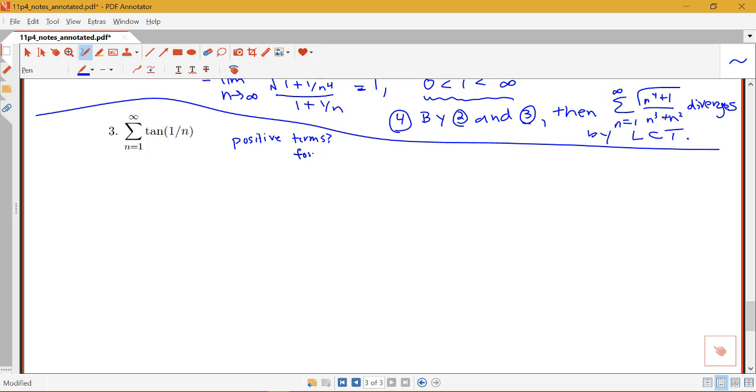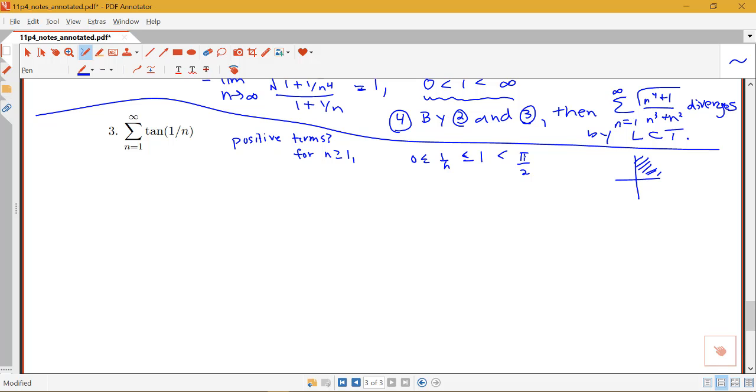Well, notice that for n greater than or equal to 1, 1 over n is certainly always going to be positive, and it's also always going to be less than or equal to 1. As n gets bigger and bigger, you have fractions that are always smaller than 1, and equal to 1 when n is 1. Notice that 1 would be less than pi over 2. So when we're talking about what kind of angle 1 over n is, it's an angle that would occur in the first quadrant.